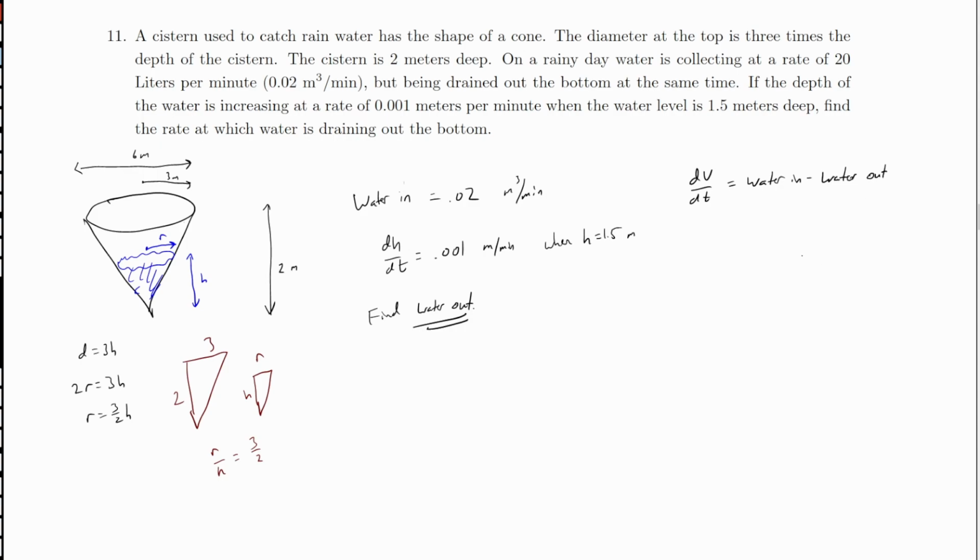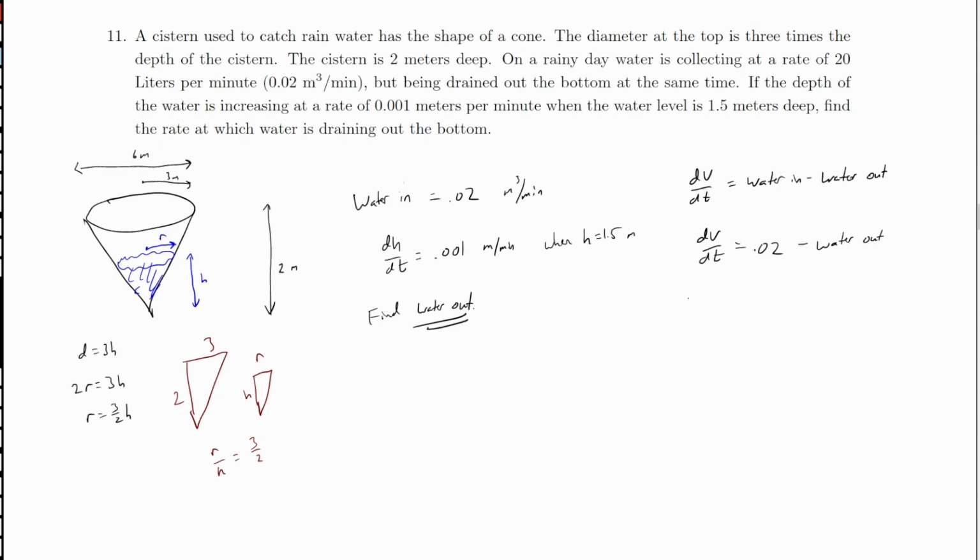And I know that the water in is 0.02. So dV/dt is 0.02 minus the water out.